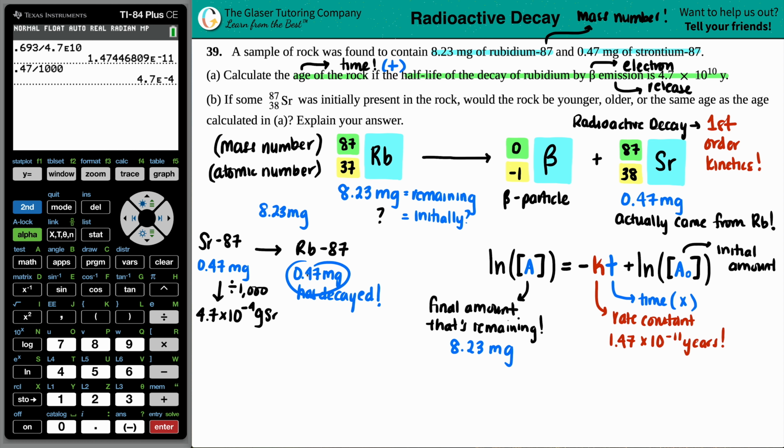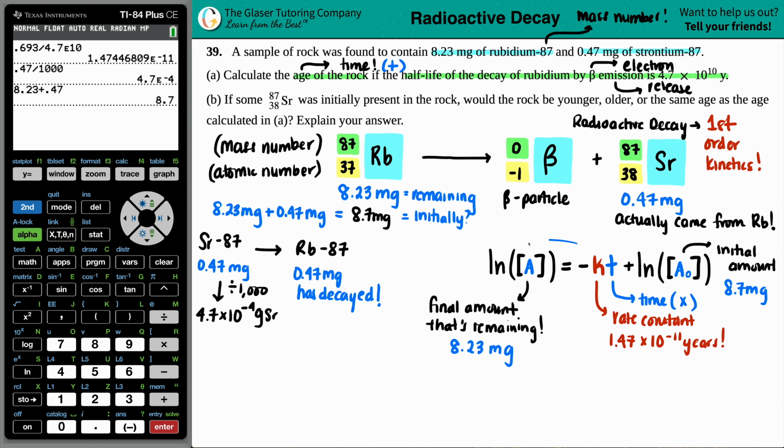And if 0.47 milligrams decayed, we're just going to add the two together, because that's going to be now the total amount that was initially in the beginning. So 8.23 plus 0.47, you get 8.7. And now we finally have that initial amount. The initial amount is 8.7 milligrams.